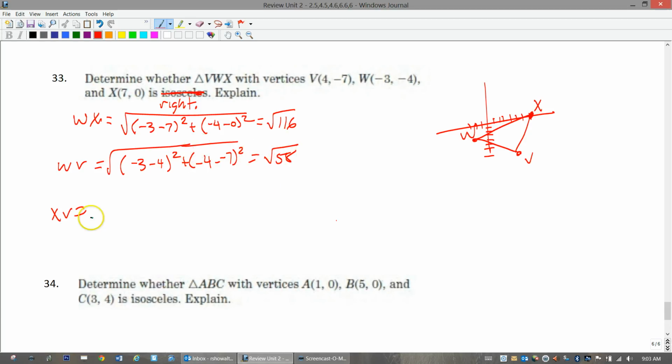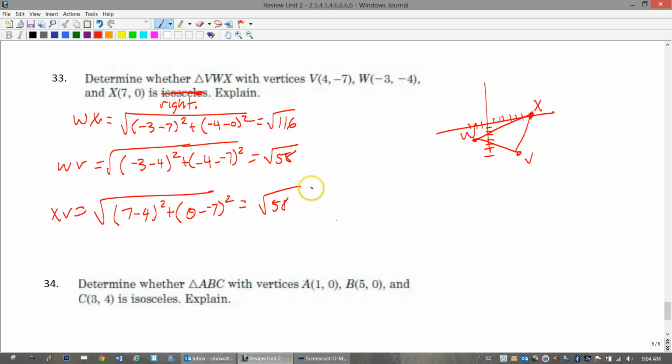We're going to leave it like that, and XV, we're going to calculate it. So 7 minus 4 squared plus 0 minus -7 squared, which is going to be the square root of 58 again.